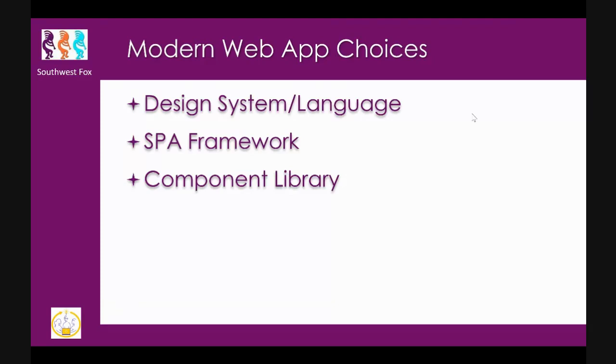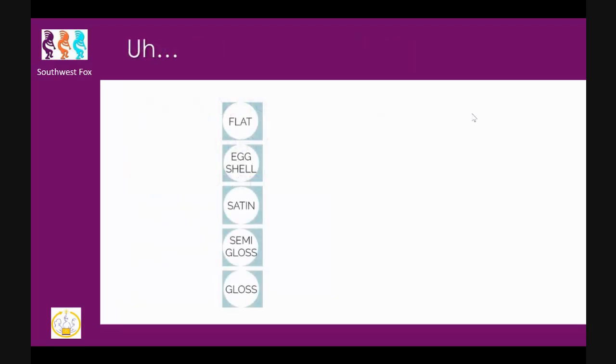So when we're talking about a design system, let's go back to home improvement. You've decided you're going to paint that wall, you're going to do it yourself. You have a pretty good idea of what color you want, but you don't really know much more about paint. So you get to the paint store and you're confronted with this. I don't know anything about this.